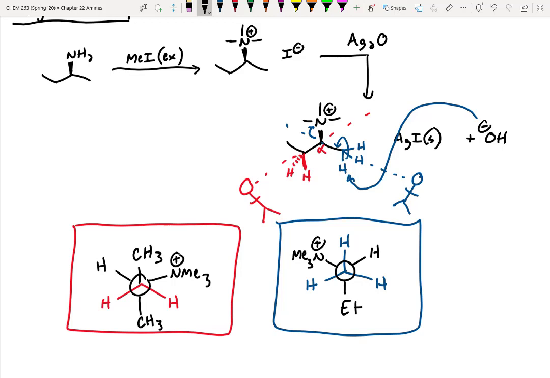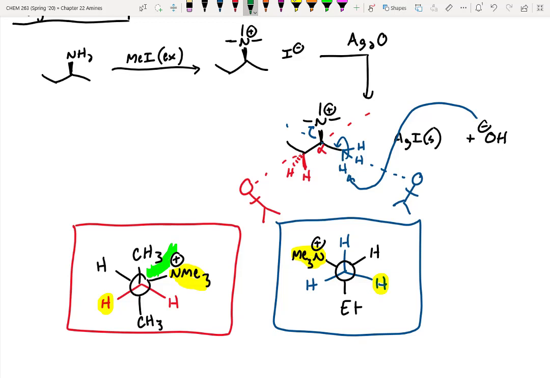In order for the red box to occur, we have to have a beta proton that's anti-coplanar to our leaving group, right? And in order for the E2 reaction in the blue box to occur, we have to have the same situation. It needs to be anti. So why would the blue ones go faster even though it's a smaller base? In this case, it's primarily due to this steric clash.